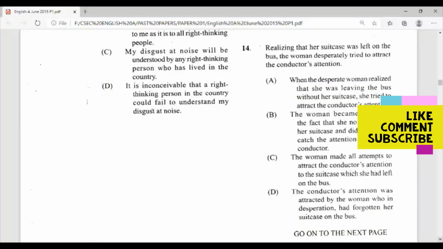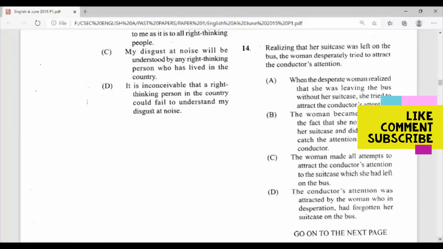C, the woman made all attempts to attract the conductor's attention to the suitcase. Actually, she tried to attract the conductor's attention to herself. She tried to get his attention to her. Yeah, so C would be off. And D, the conductor's attention was attracted. Actually, she was trying to attract it, and so it never said she actually got his attention.